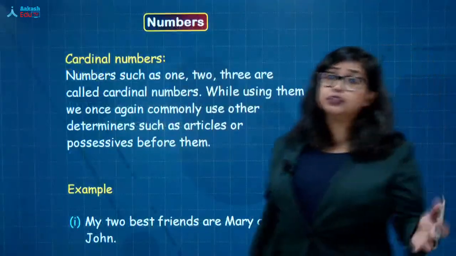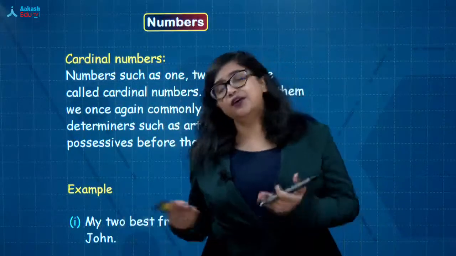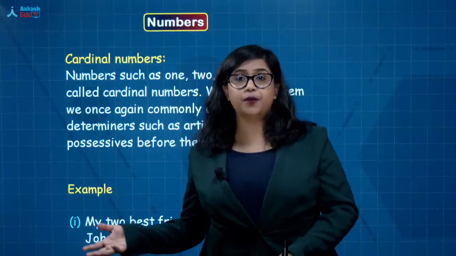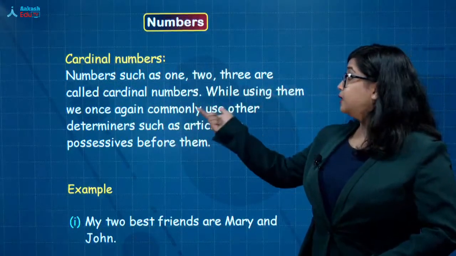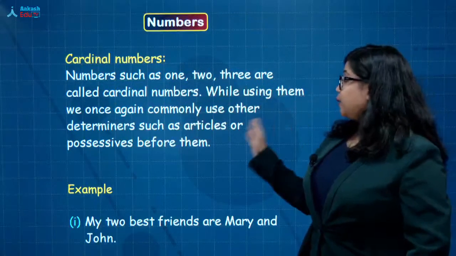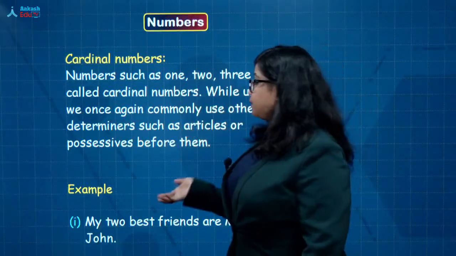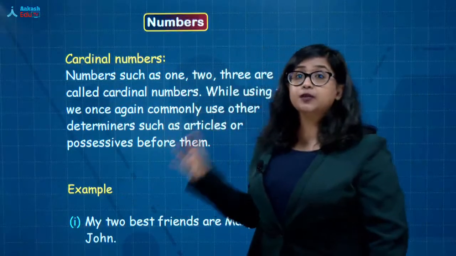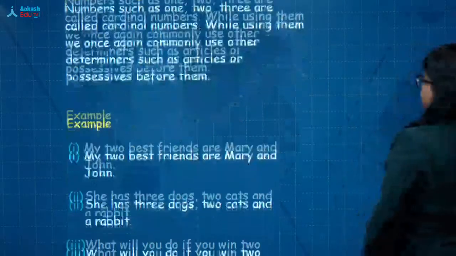Now, if ordinal numbers are first, second, third, fourth, then cardinal numbers are your normal numbers, which are 1, 2, 3, 4. While using them, we once again commonly use other determiners such as articles or possessives before them. So please remember, in case of numbers, we do use other determiners before them.